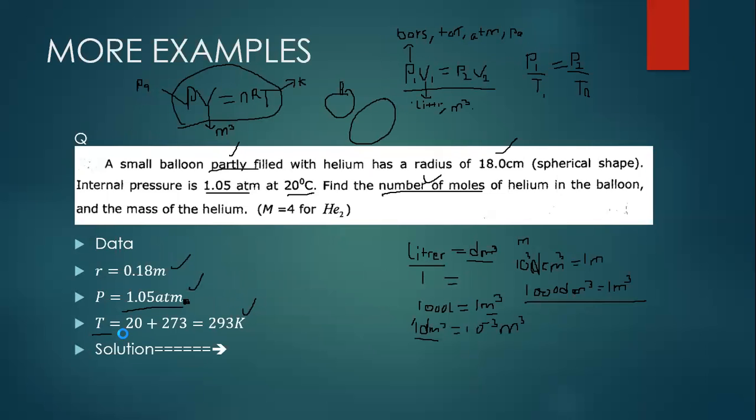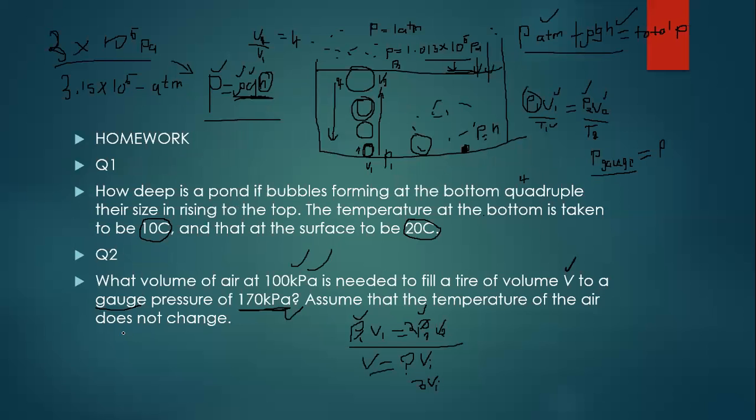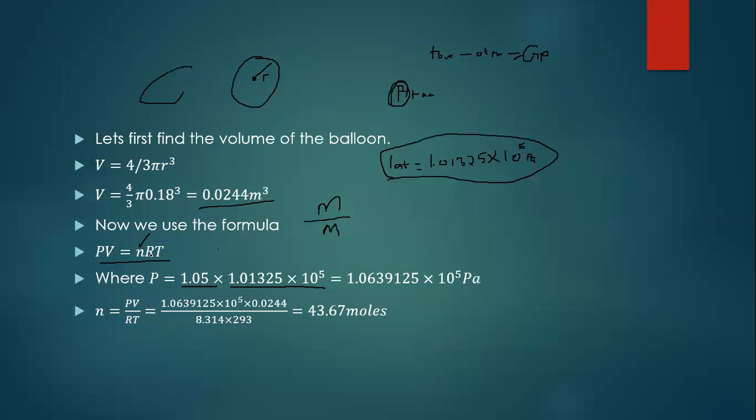So what we need to do is to find N, this value of N. We know the volume, we know the pressure, we know the temperature. We also know R. R is the ideal gas constant. I'm sure you should be able to know the value of R by now.